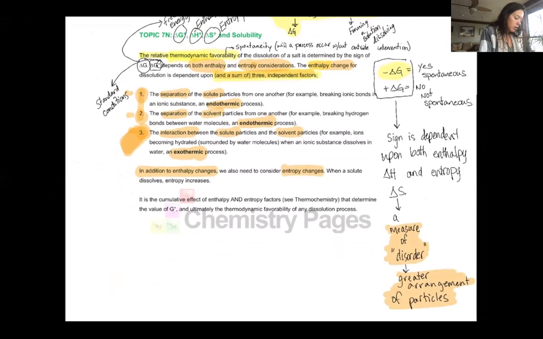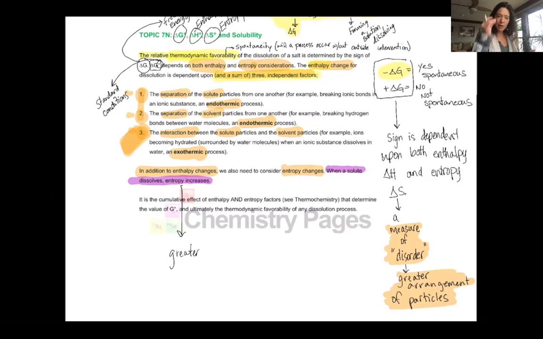When a solute dissolves, the entropy increases. There's a greater, what's the word I'm looking for? I don't want to use arrangement. There's a greater probability of finding particles in different places. There is greater disorder.